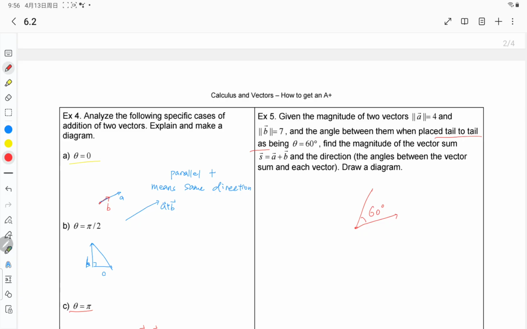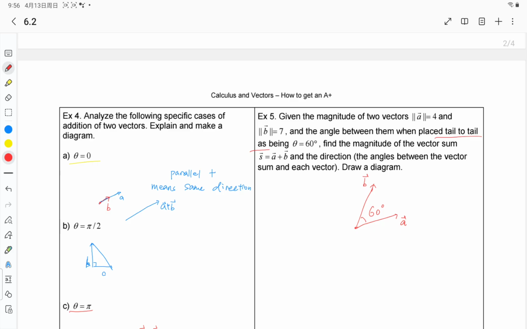Find the magnitude of the vector sum and the direction, the angles between the vector sum and each vector.